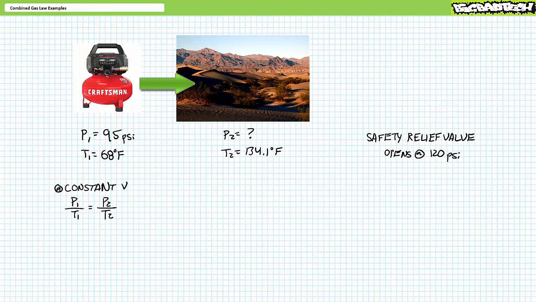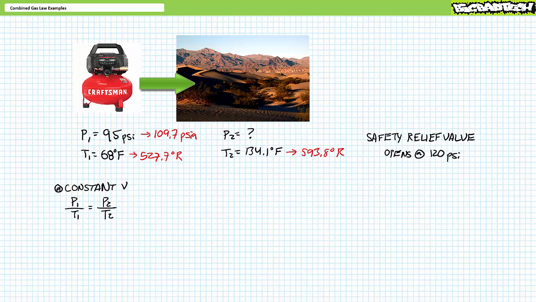First, convert the two temperatures to the Rankine scale, and then convert gauge pressure to absolute. 95 psi gauge is roughly equivalent to 109.7 psi absolute. 68 degrees Fahrenheit is equivalent to 527.7 degrees Rankine, and finally 134.1 degrees Fahrenheit is equivalent to 593.8 degrees Rankine.